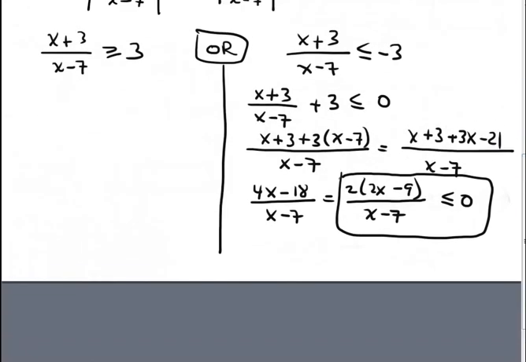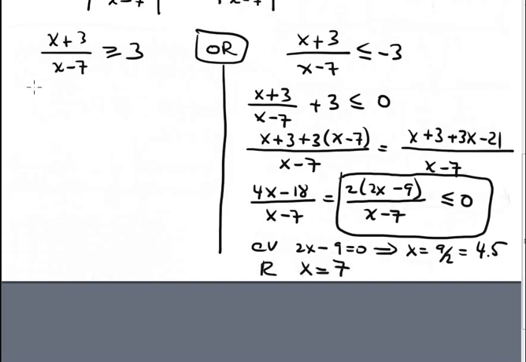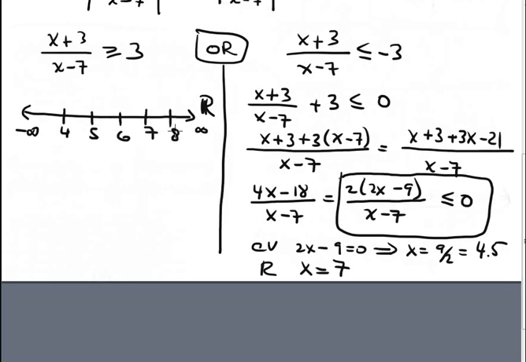Now, the critical value is 2x minus 9 equal to 0, x is equal to 9 over 2. 9 over 2 is 4.5. And the restriction is x not equal to 7. Let's do the graph of this part. The real number line, from negative infinity to infinity: suppose 4, 5, 6, 7, and 8, why not?